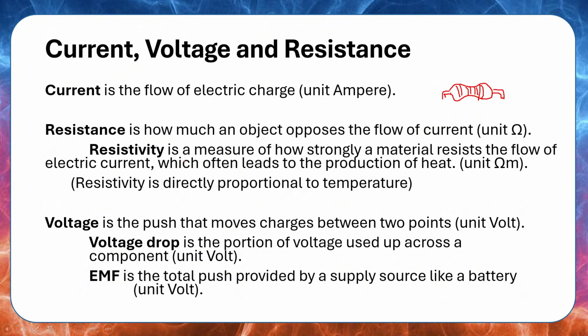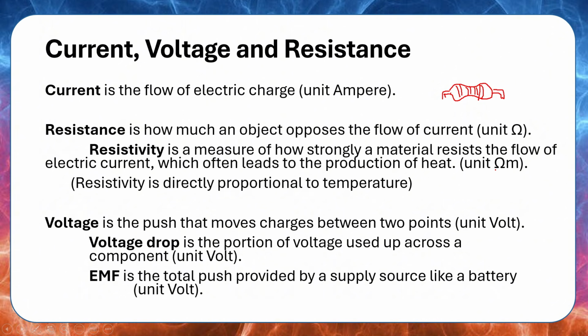But resistivity is the resistance of the material itself, like how the material resists the flow of charges or the flow of the electric current. So that's the difference between the two, but they are related to each other.